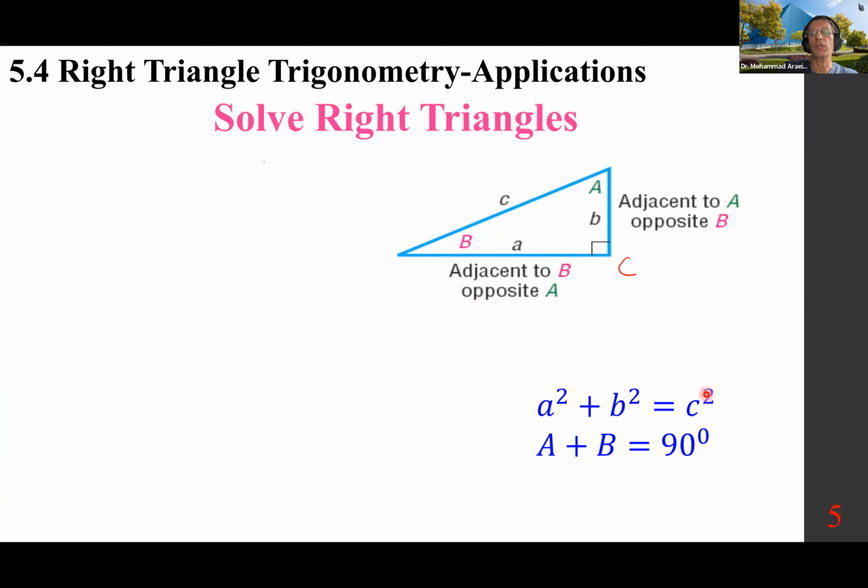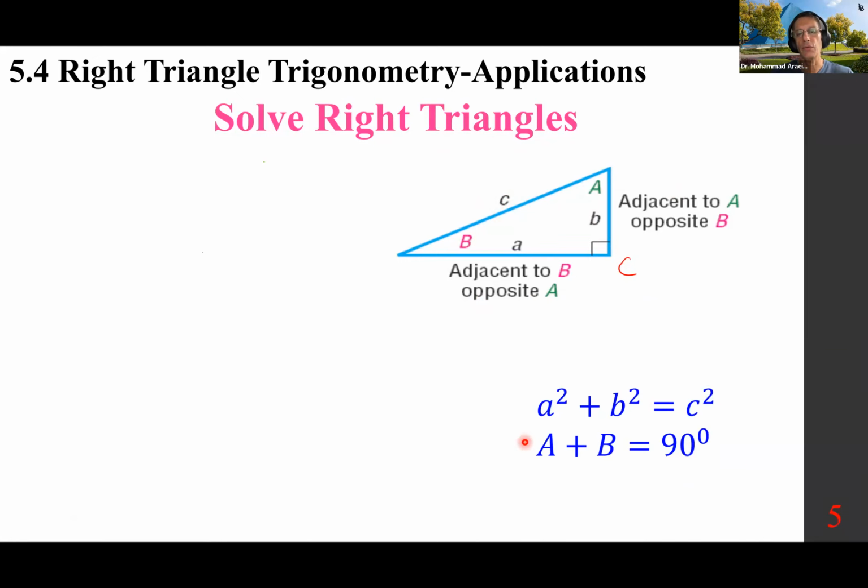Pythagorean theorem, a squared plus b squared is c squared. If this is 90 degrees and the total interior angles must be 180, A and B must add up to 90 degrees. Complementary angles.